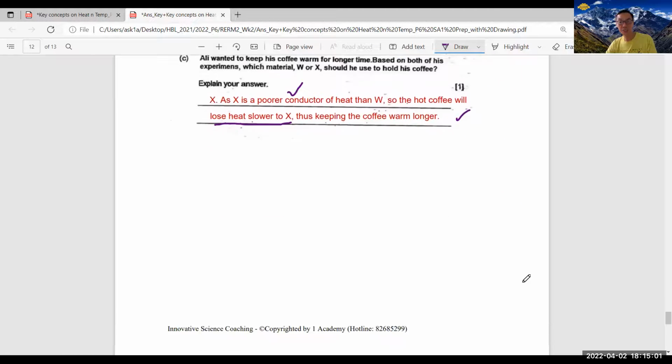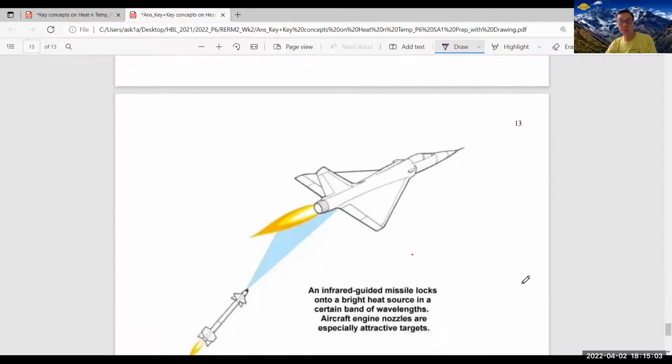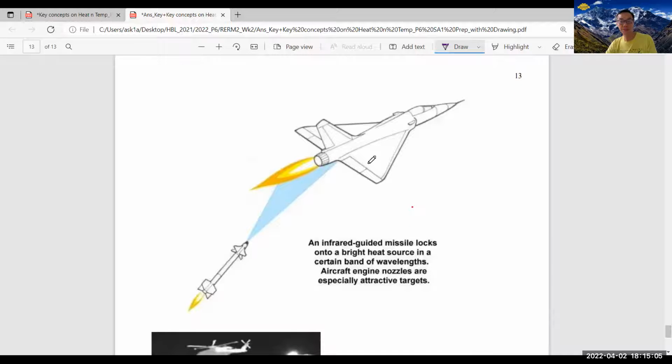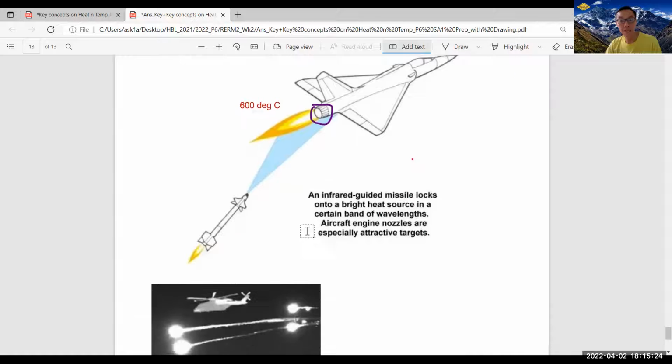Okay, next we see something interesting here. This is the fighter jet. As you can see, if the fighter jet flies at high speed, the exhaust here will produce high temperature. So maybe they will reach as high as maybe 600 degrees Celsius or even higher. During wars, their enemies may fire this heat-seeking missile.